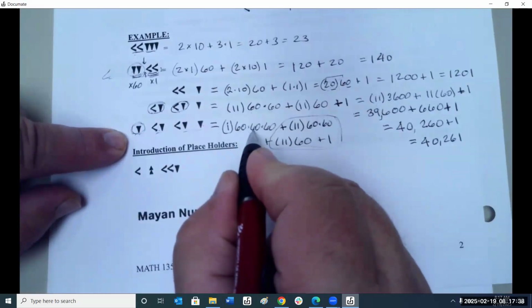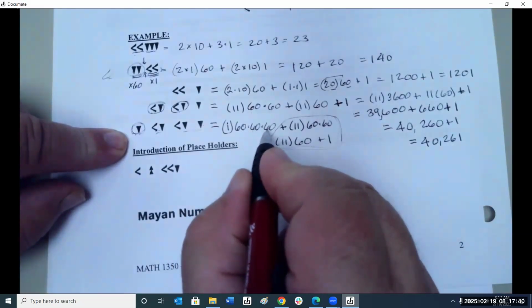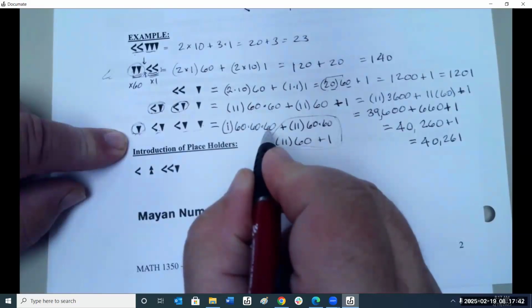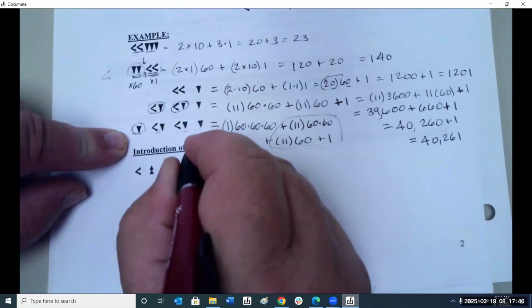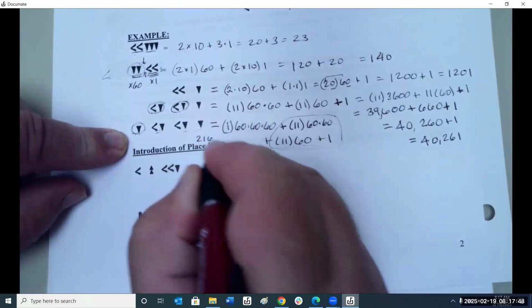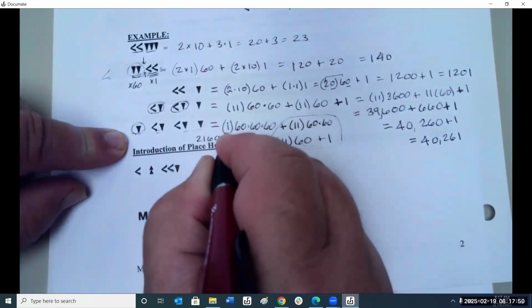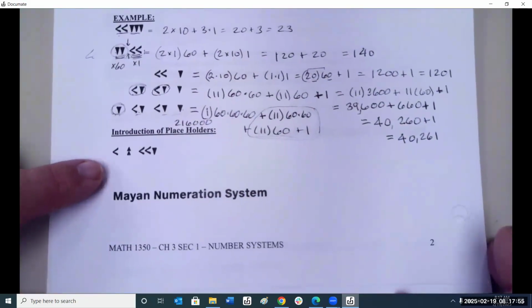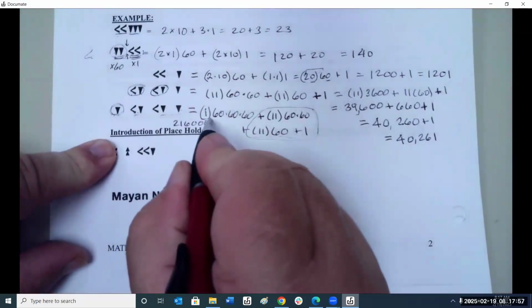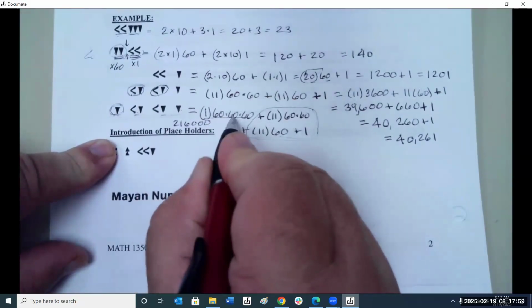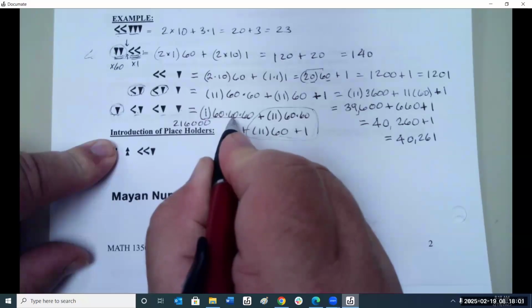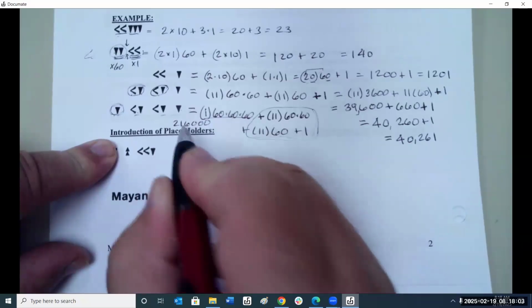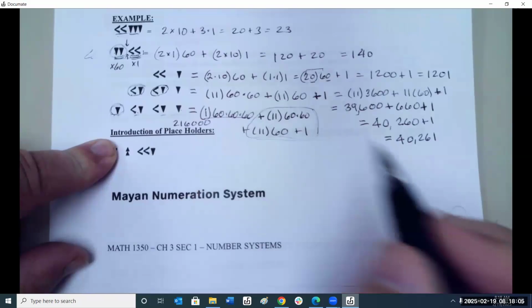So 6 times 6 is 36. 36 times 6 is 216 with 3 zeros behind it.